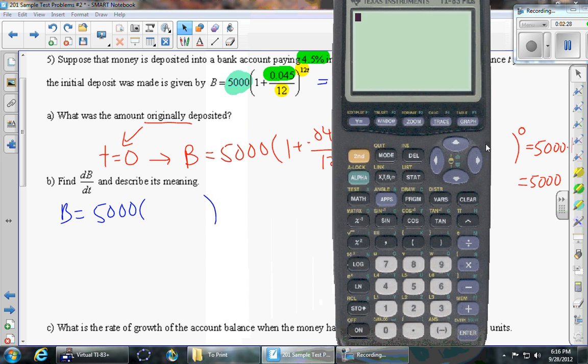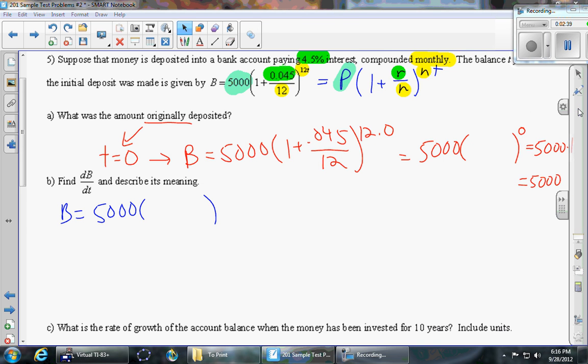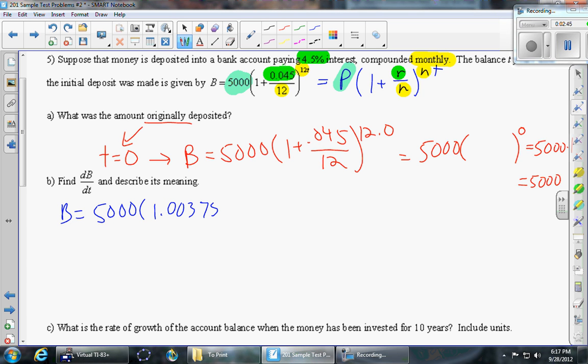We're doing 1 plus 0.045 divided by 12, and we get 1.00375. So that's what goes in the parentheses, and that's still raised to the 12t.